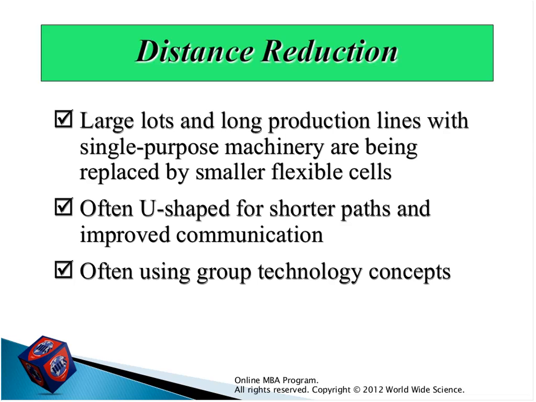U shape means when you go to some offices, you can see that the staff are sitting near each other at a U shape table. A U shape table can increase the communication between people. Yes, and also they can use the similar equipment very easily.